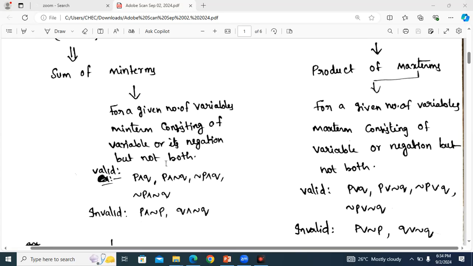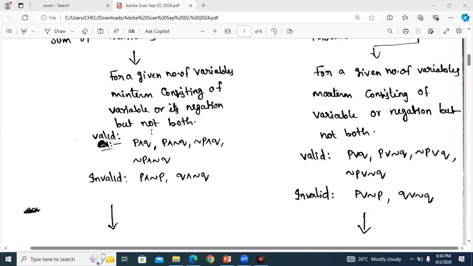both. That means if two propositions P, Q are given, the valid min terms for two variables are the conjunction of P and Q, P and negation Q, negation P and Q, and negation P and negation Q. These are the only valid min terms for two variables.